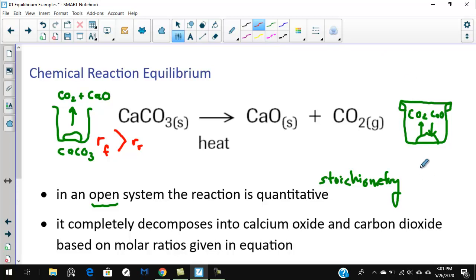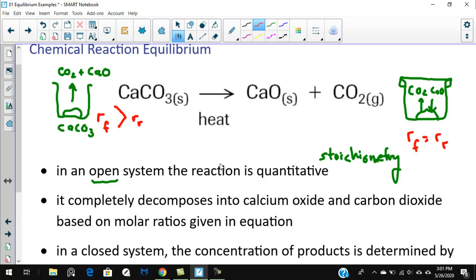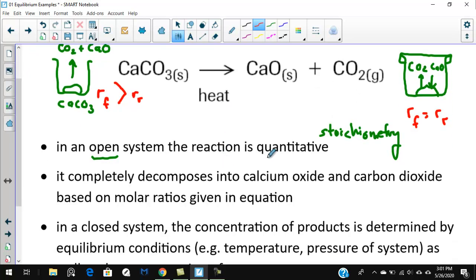On this side, though, we do get to a point where the rate of the forward reaction, making the CO2 and the calcium oxide, equals how fast the CO2 and the CaO are turning back into calcium carbonate. And so in this closed system, the calcium carbonate will never completely decompose. It'll always be present in some ratio.